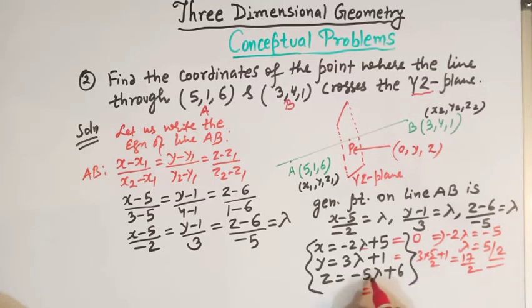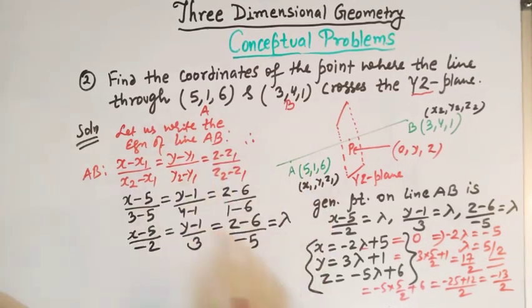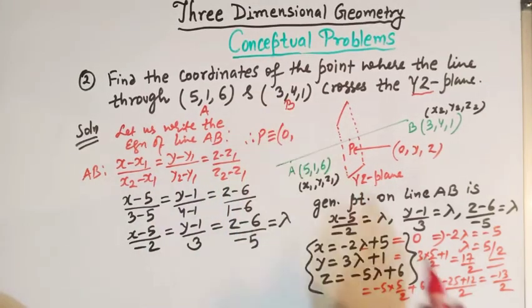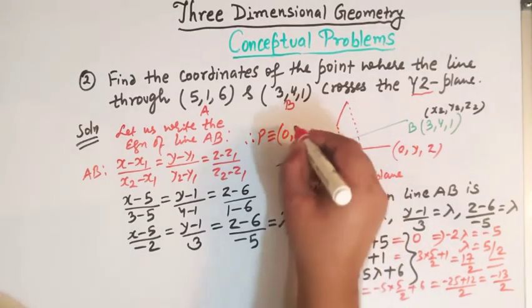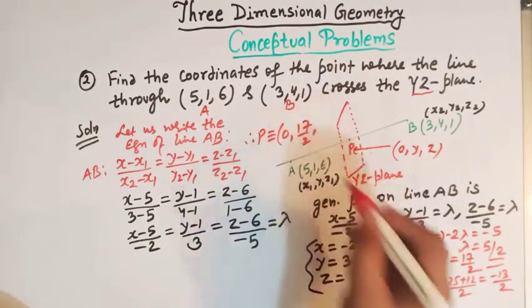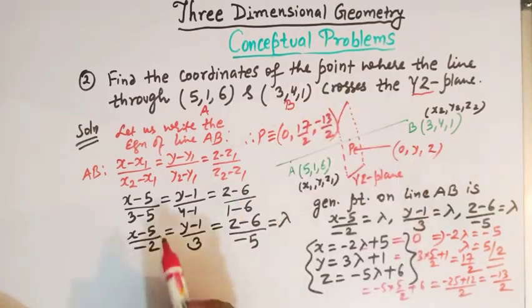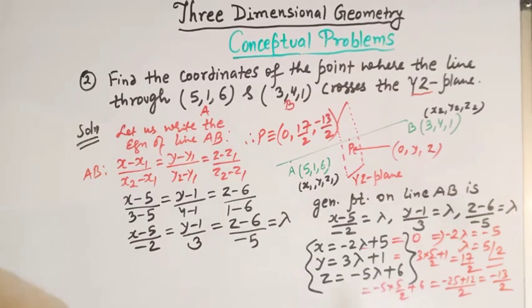And here if we substitute the value of lambda here, we have 2 6 are 12 minus 25 plus 12 divided by 2, this is minus 13 by 2. So therefore the coordinates of this point P are 0, and the y coordinate is 17 by 2, and the z coordinate is minus 13 by 2, right? So this is how we solve this problem.